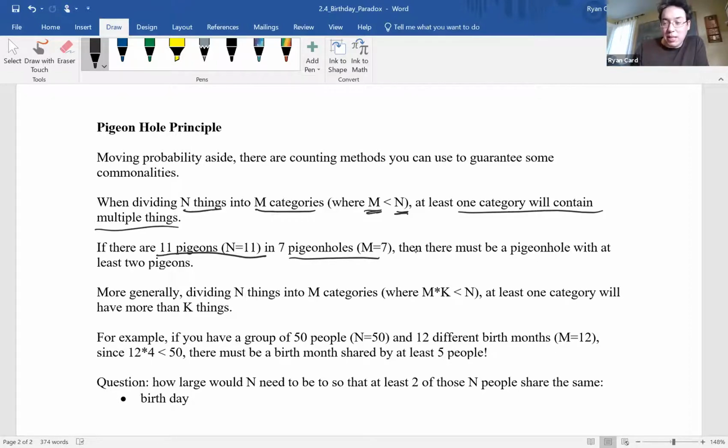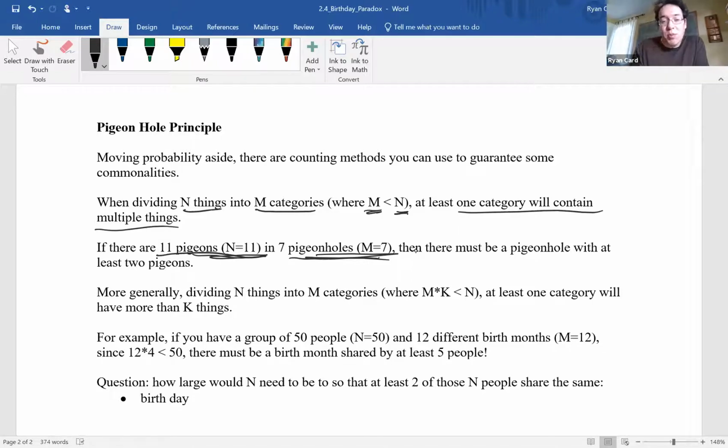So if there's 11 things divided into 7 little spaces, then you don't actually have to go out and look into each hole to know that there's got to be at least one hole with multiple pigeons in it, right? Because if there's at most one pigeon in each hole, then you can't have more than 7 pigeons in there. So just by knowing that you have more things to divide up than the number of categories, you know that you have to double up somewhere.